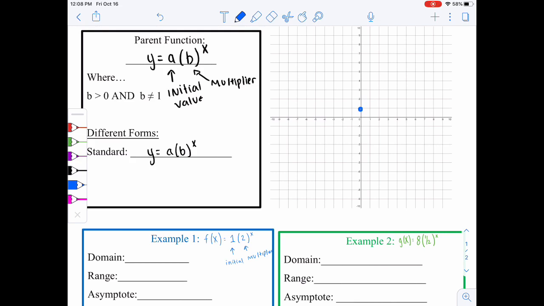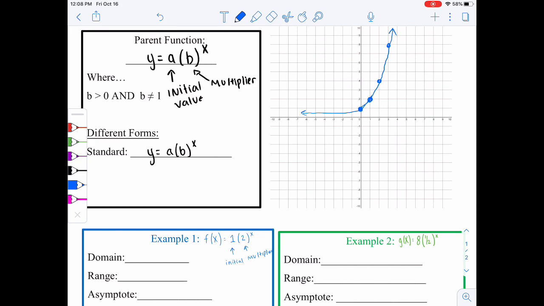So that means my y value doubles. It's going to go from 1 to 2 to 4 to 8, and it'll continue on and on and on. So I'm going to graph my line, making sure to put arrows on the endpoints.